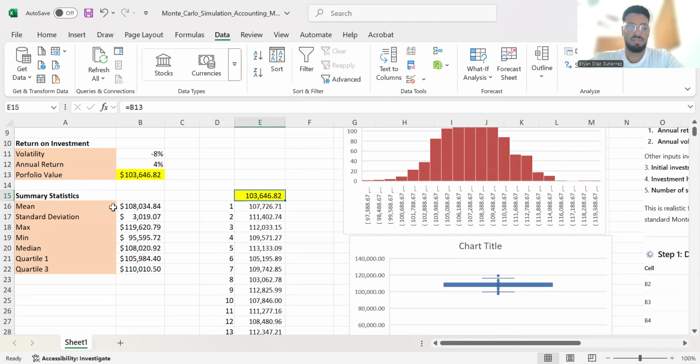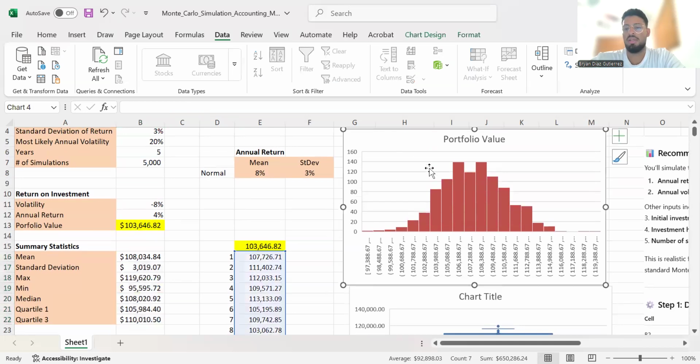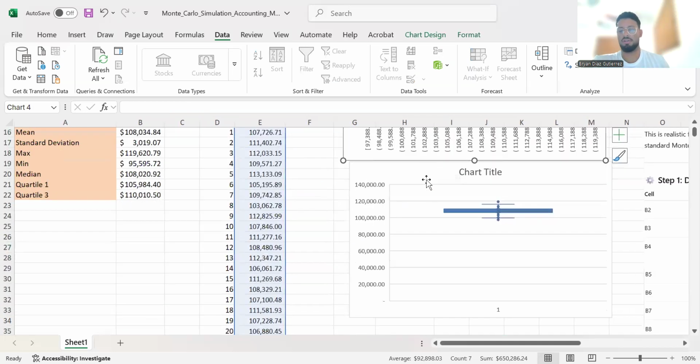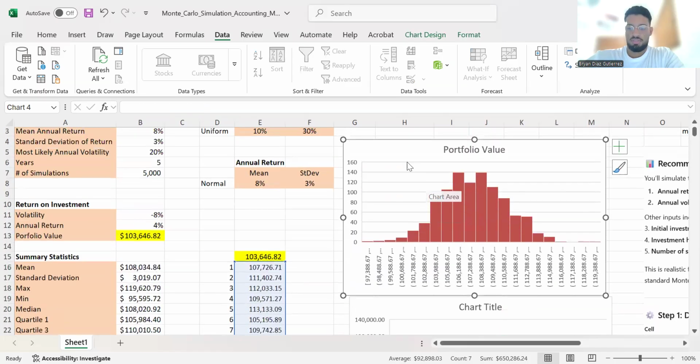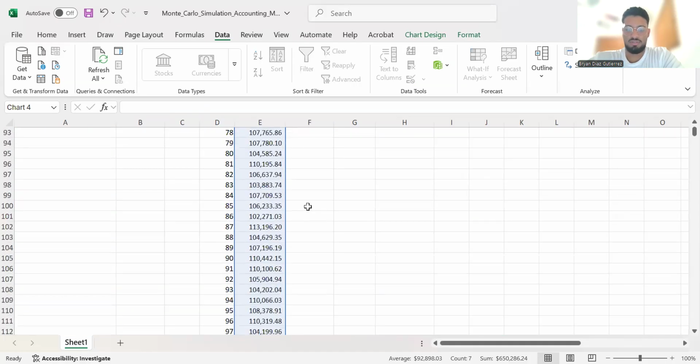And this is the summary of the statistics. So basically, this is what I got from the one-way data table, and what the histogram and the box plot are using, which in this case the histogram uses these 5,000 trials.